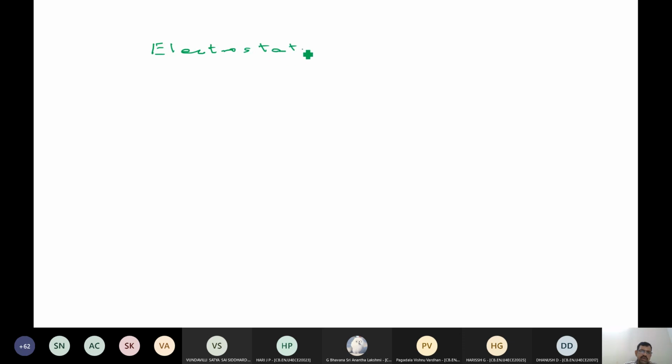How much is that? All energy is measured in joules. What is the expression? Half CV square. How did we get this expression?